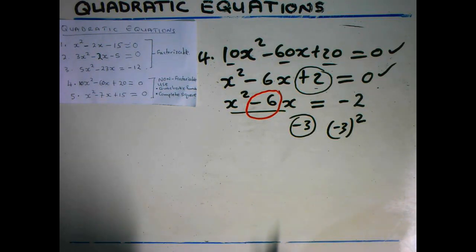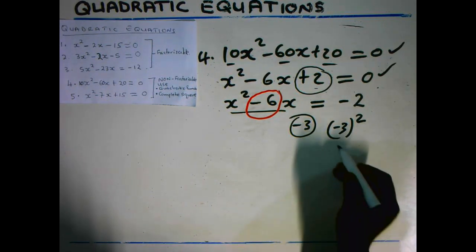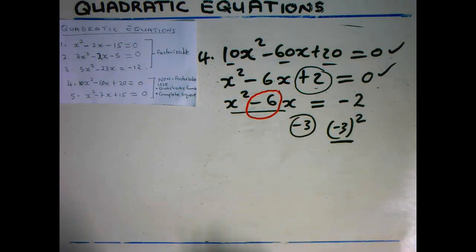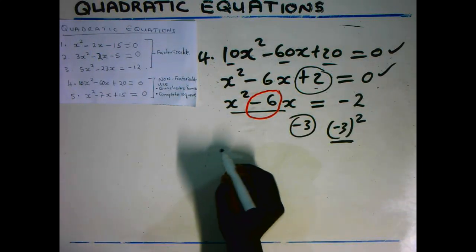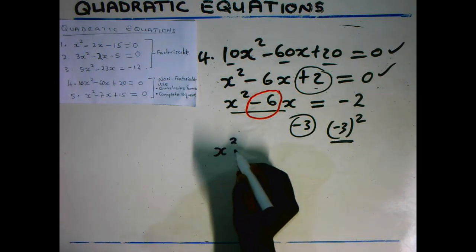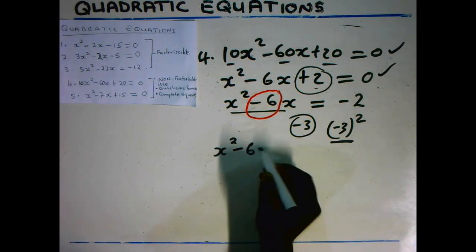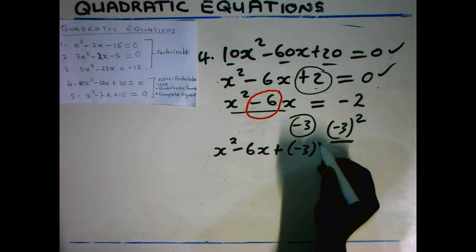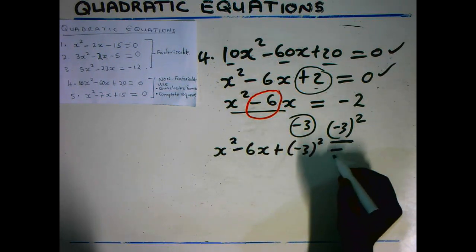Then what do we do with this? Add this term either side of your equation. In other words, I'm simply asking you to do this. I said add both sides.